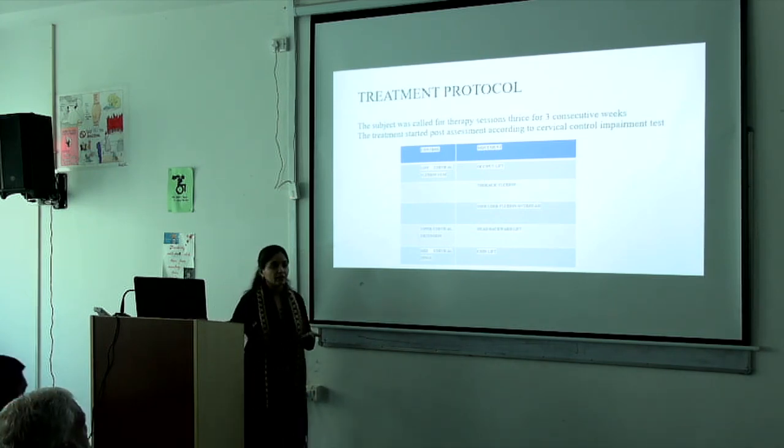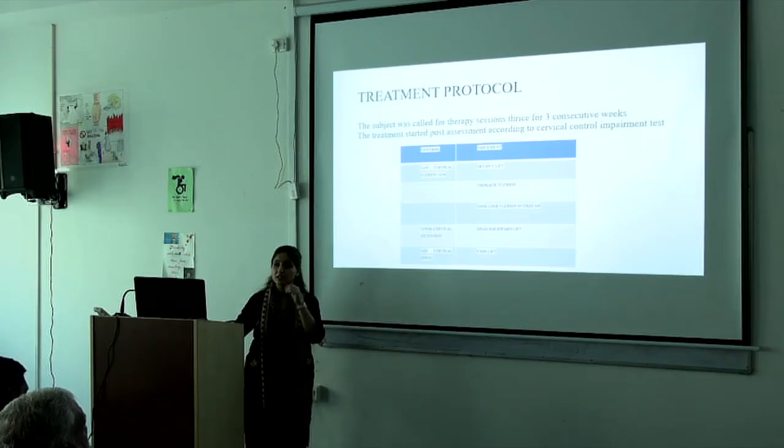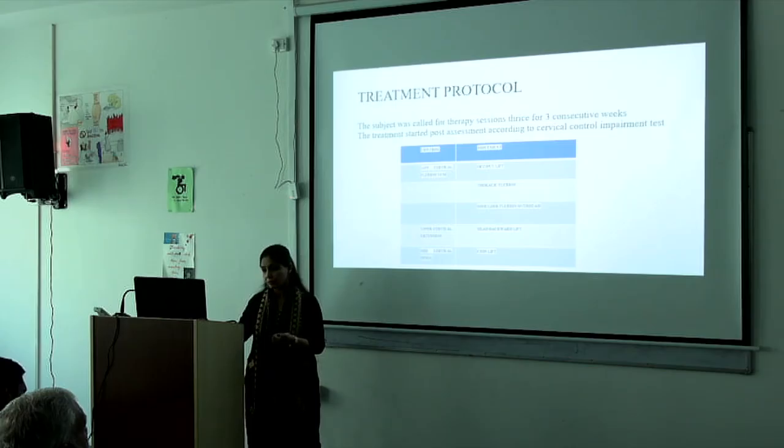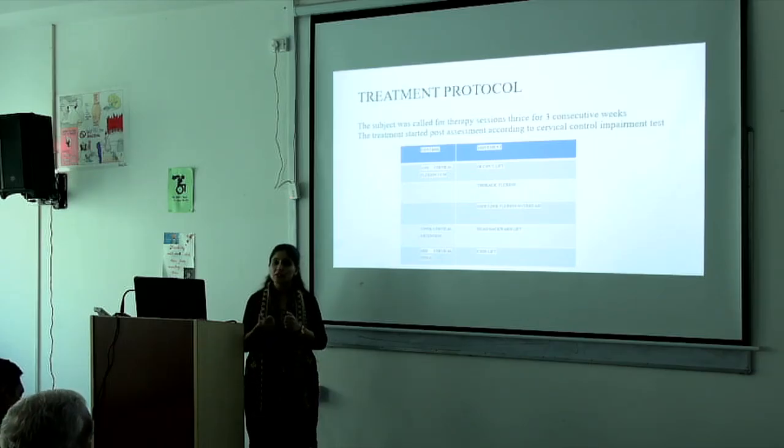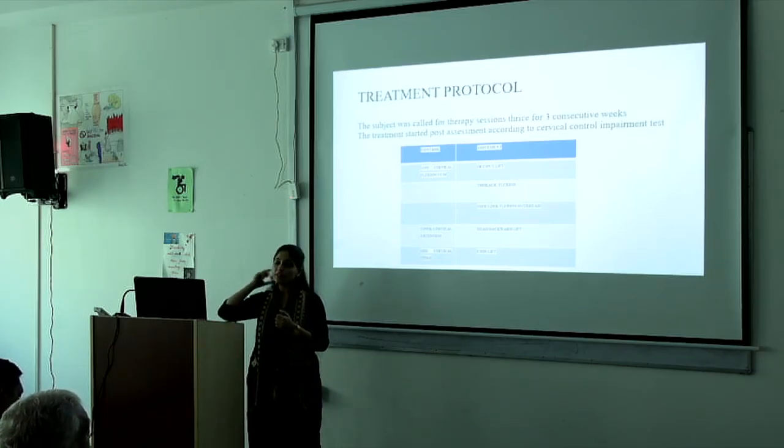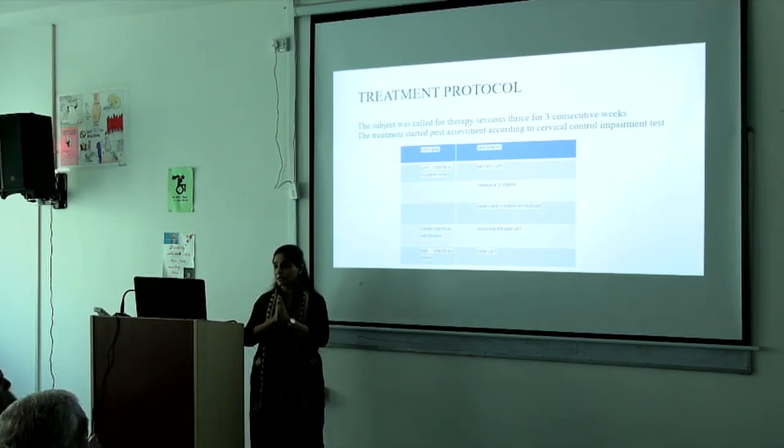Now what is the cervical control impairment test? This test will tell you which group of muscle you have to target for retraining for the patient. Right? Now I have a forward neck posture patient. The patient has come with a forward neck posture and the patient's complaint was headache along with some sort of stiffness that was felt in the left side rotation of the neck. Right?